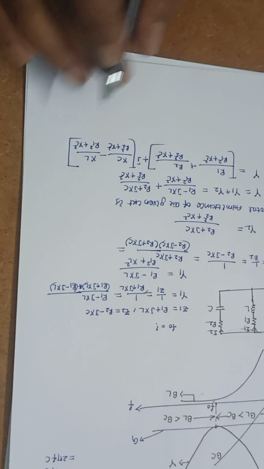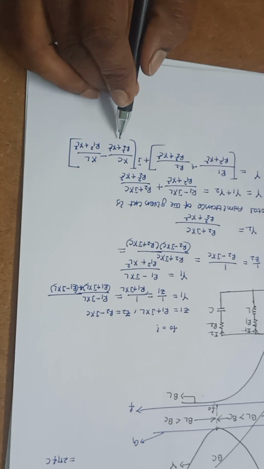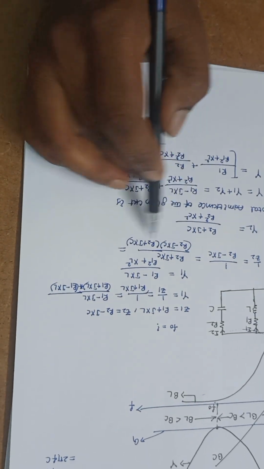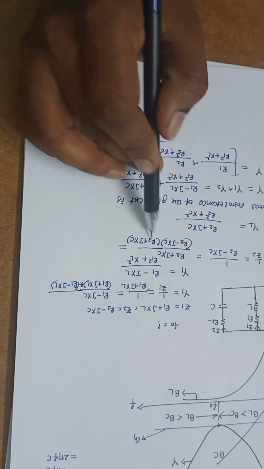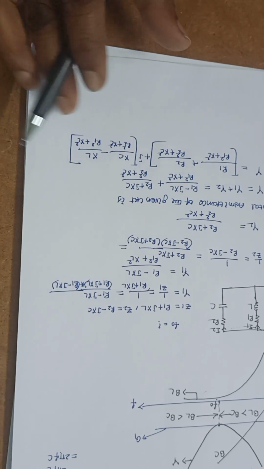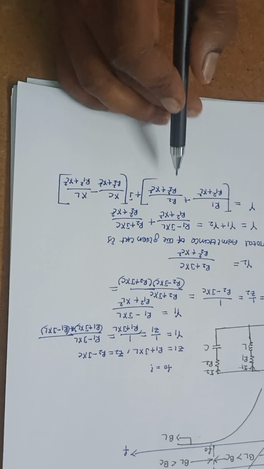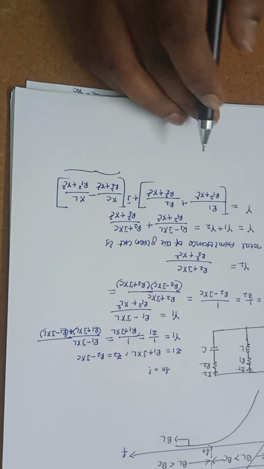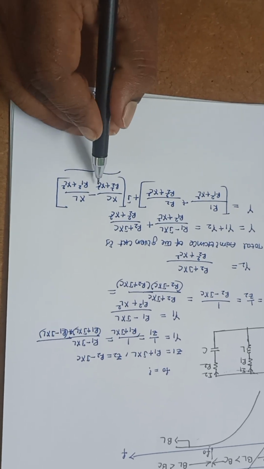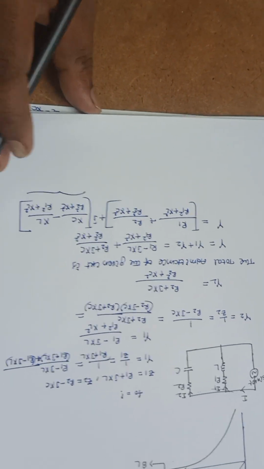So to separate this real part and imaginary part, I am doing this process here. Now what is under resonance? The imaginary part of the admittance should be equal to 0.